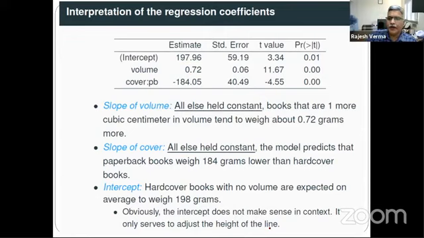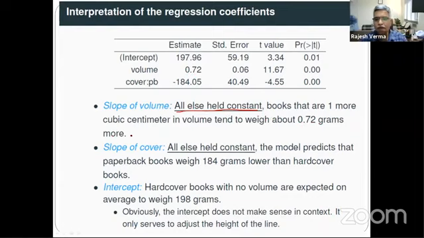How do we interpret these slopes and the intercept? For this model, the slope of the volume is interpreted as: all else held constant, that is paperback or hardcover, books that are 1 more cubic centimeter in volume tend to weigh about 0.72 grams more.